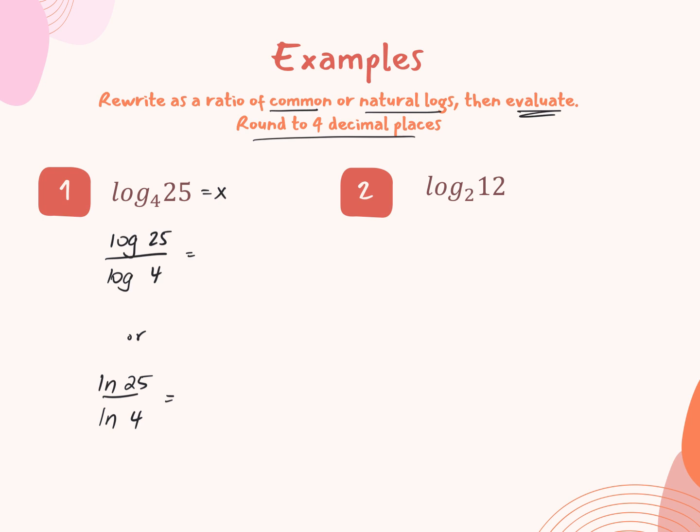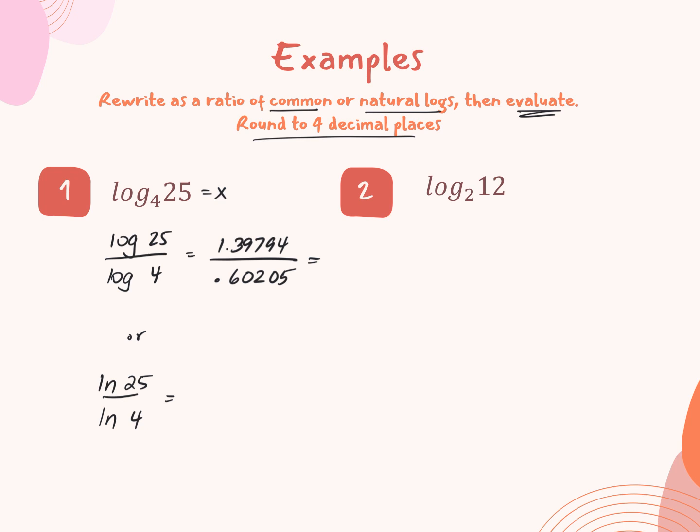First I identify the common log of 25, which is 1.39794, over the common log of 4, which is 0.60205 or whatever. And then I'm going to divide.